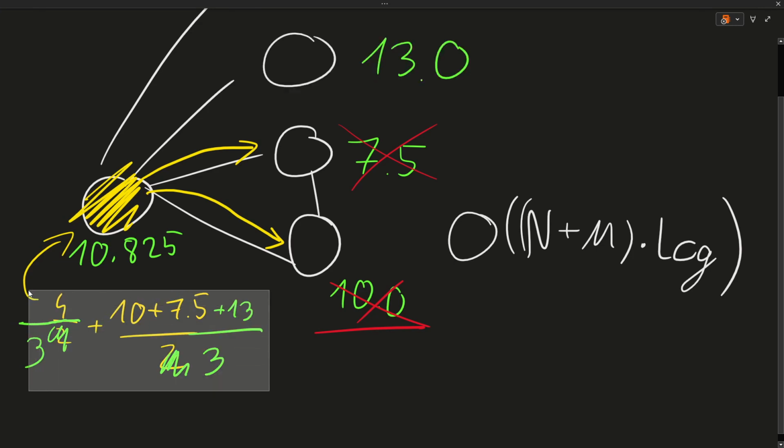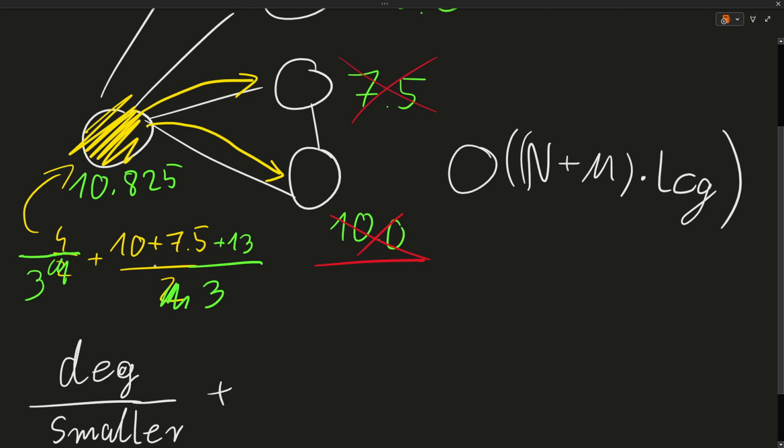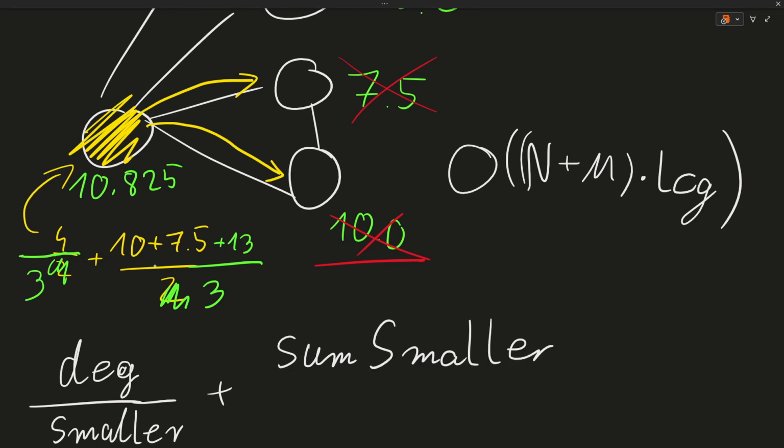So you want to compute this formula in constant time. This formula says my degree divided by the number of smaller neighbors plus the sum of smaller neighbors divided by count of smaller neighbors.